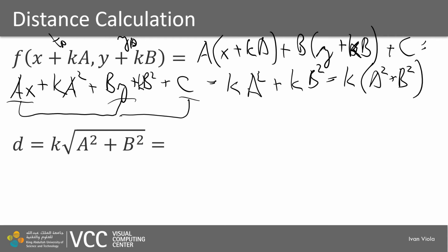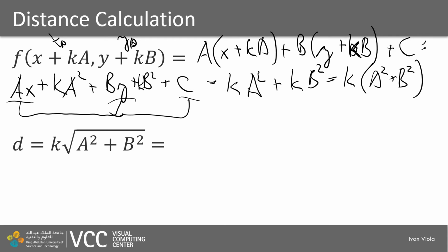Now, let's have a look back to the distance, because we often want to calculate the distance of a point to a line. And if we have an implicit formulation of the line, here is how it becomes very handy. So we already defined that this distance is k times the square root of a squared plus b squared. But now we still have this k here, which is not very practical.